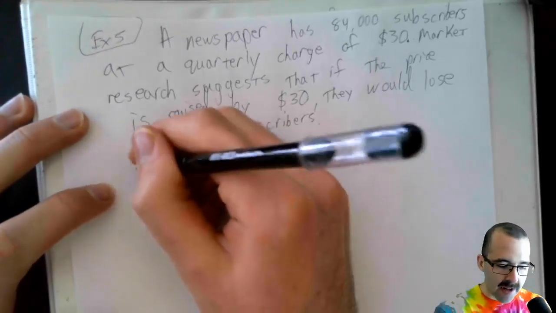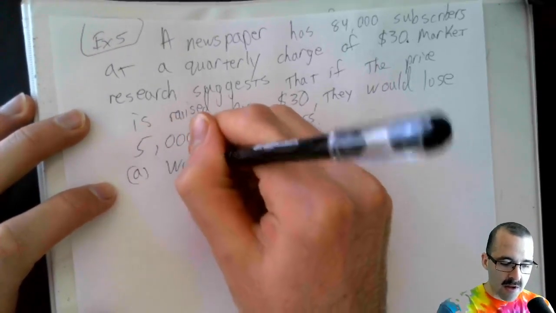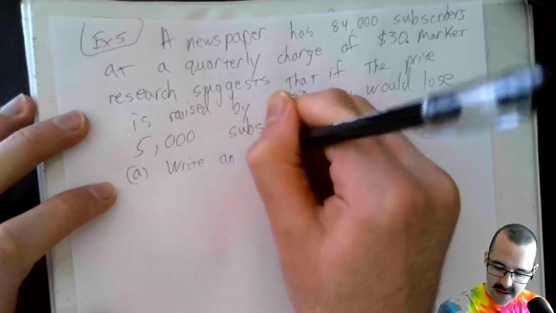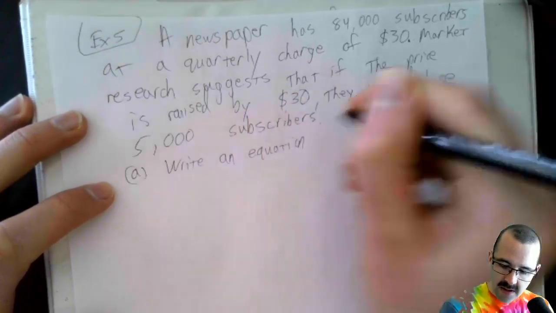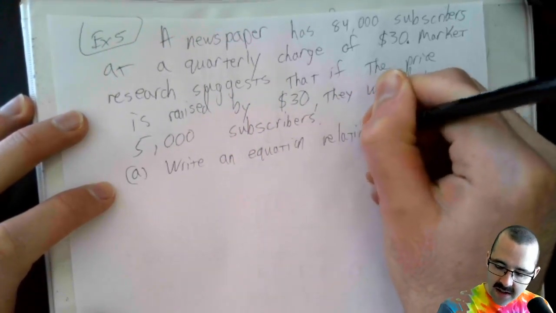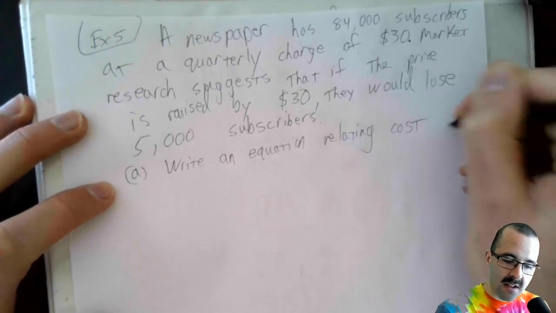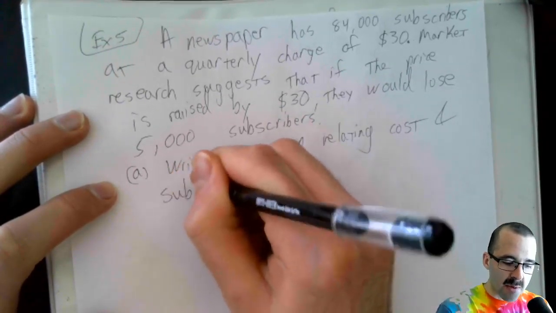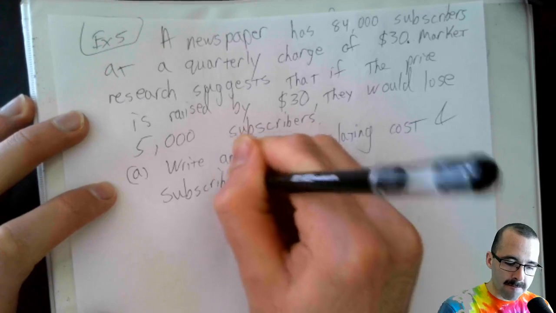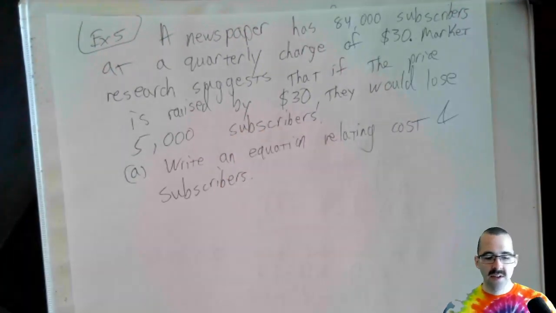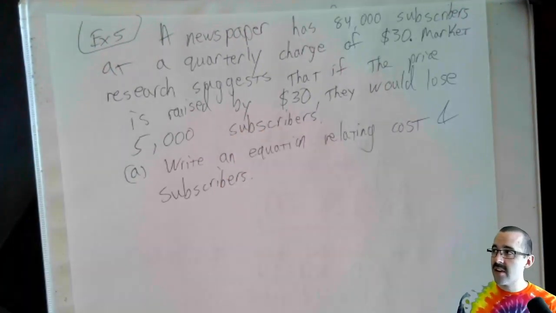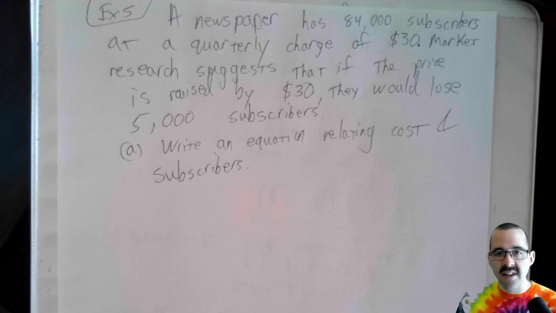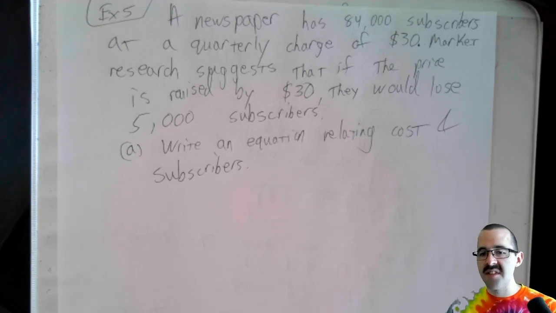So here we go. Part A. Write an equation relating cost and subscribers. This is going to be the hardest part. In these examples in class, I'm really trying to break down the steps with A's, B's, and C's.